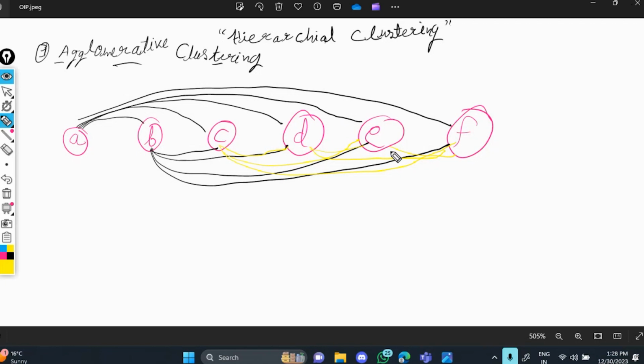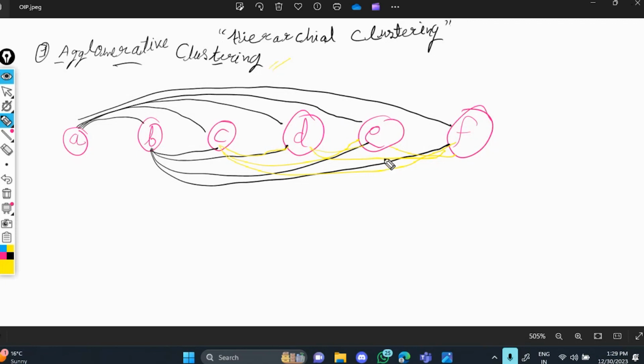Now, after looking at the distances, whatever distances we get, the minimum, the shortest distance is what we focus on in agglomerative clustering. So you can say which record is the closest one. Okay, then what will we do? We will make it one.